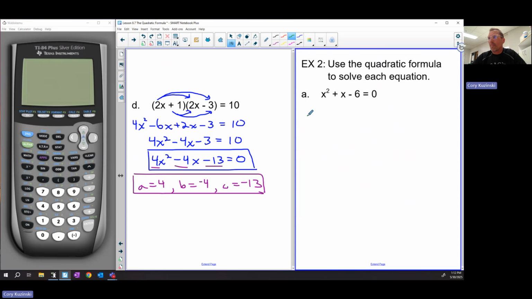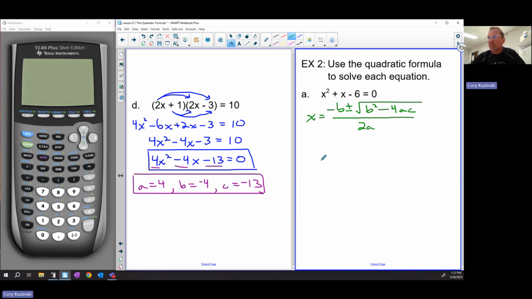So we're going to go x equals negative b plus or minus the square root of b squared minus 4ac all over 2a. That is where this equation equals 0. Okay, so we just have to put b in there, a in there, c in there, a in there.